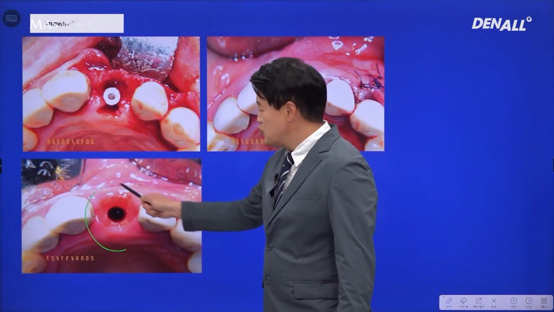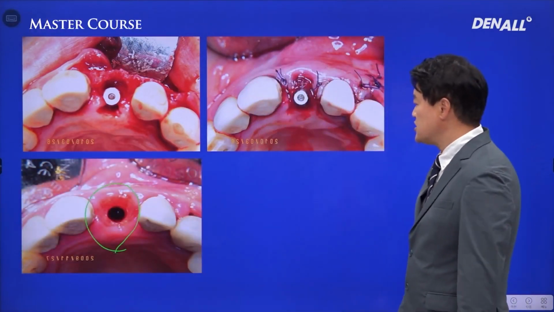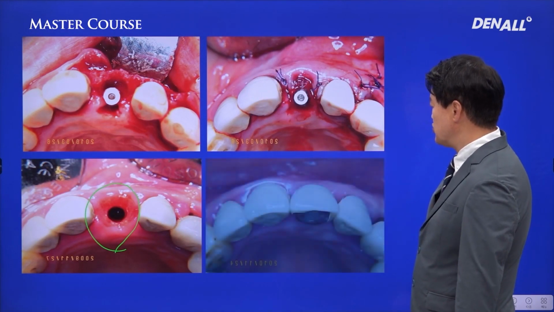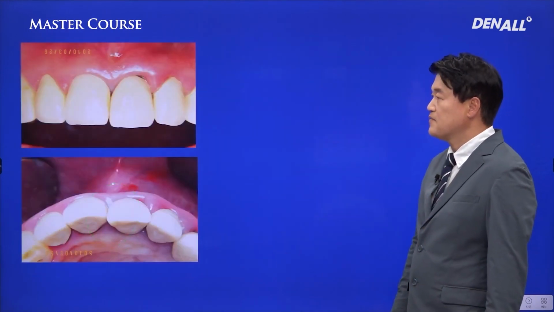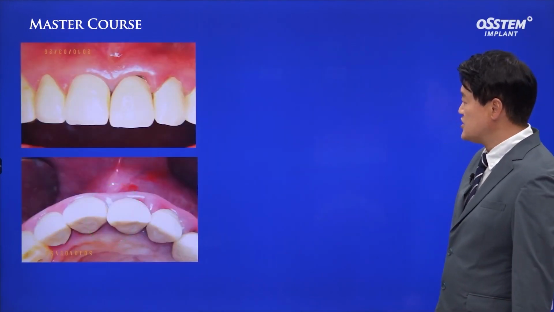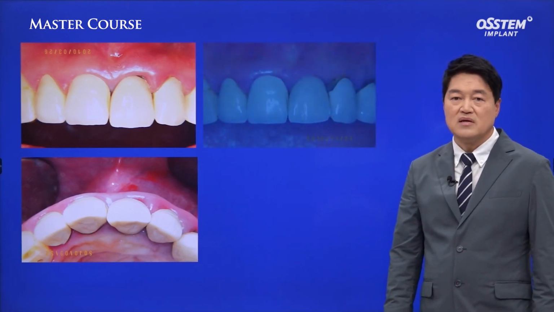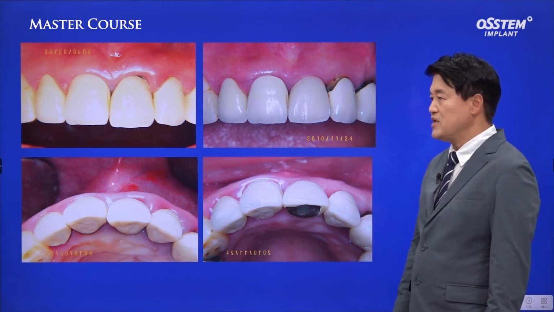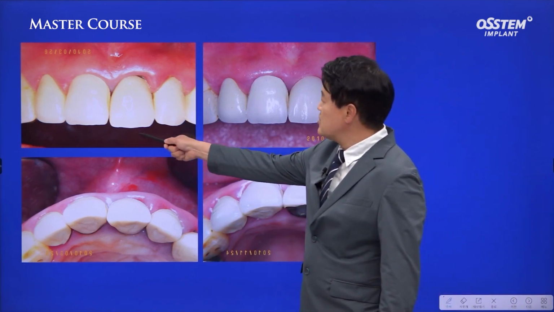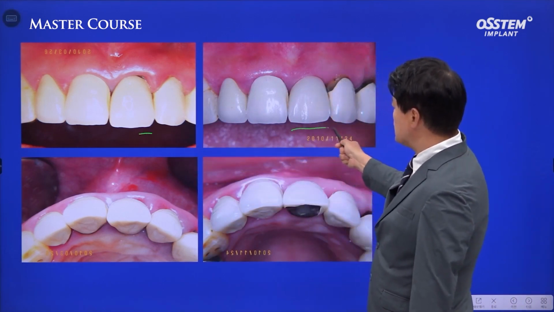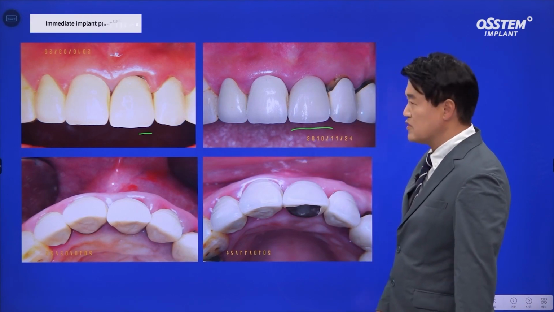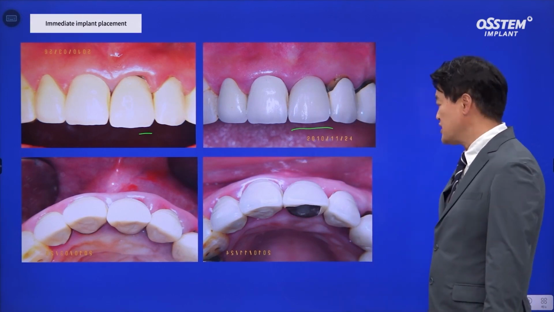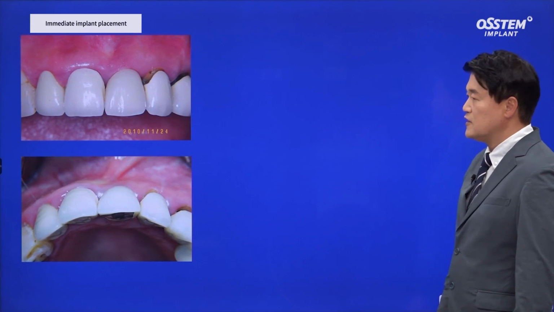You can see that soft tissue healing has occurred nicely. And this is after prosthesis delivery. Compared with before extraction, this is after surgery and prosthesis delivery. Compared with before extraction, the prosthesis looks unchanged and it is quite ideal. The results are very good.